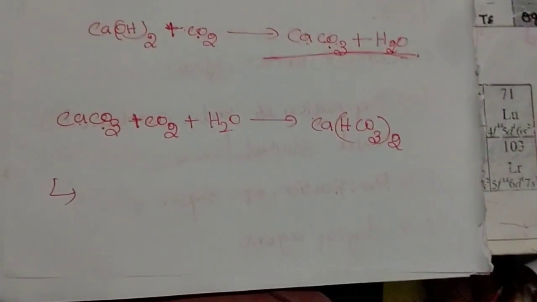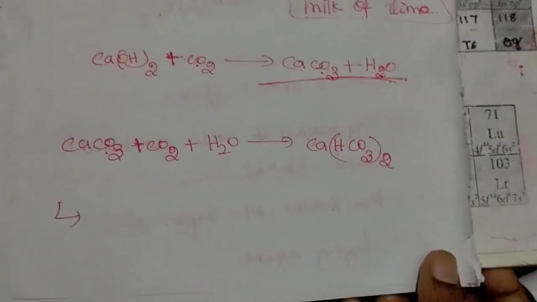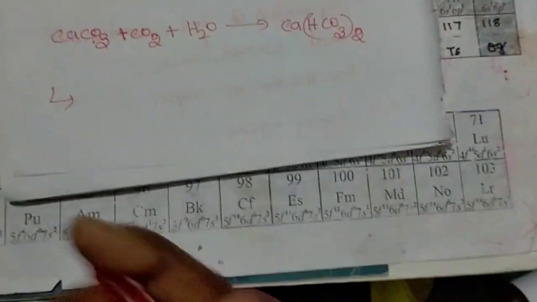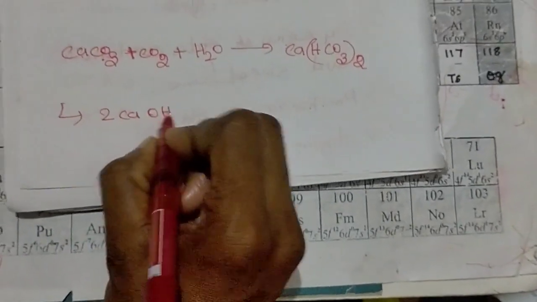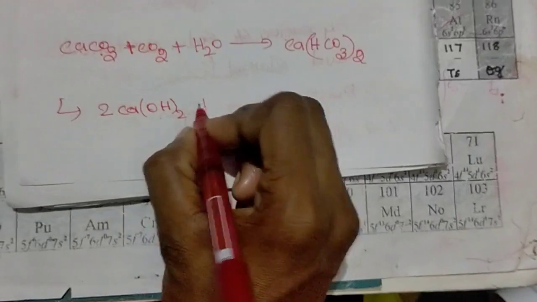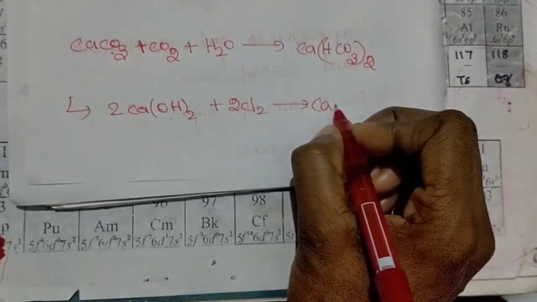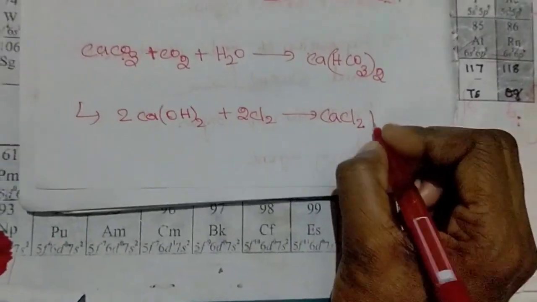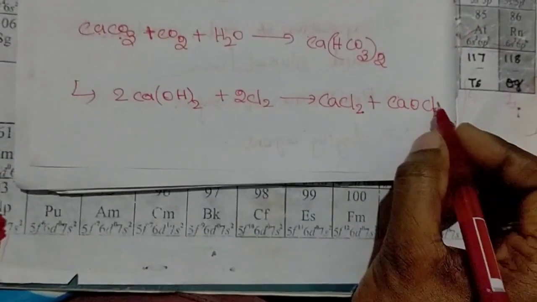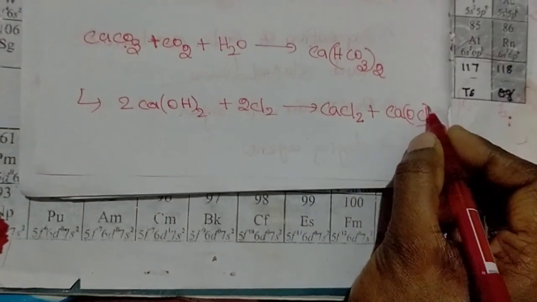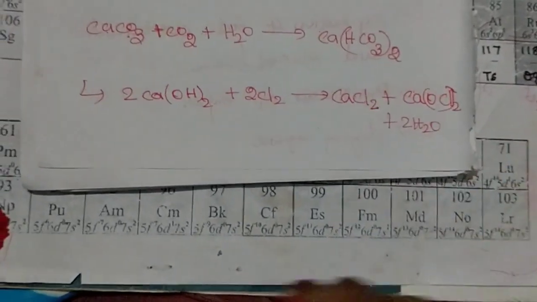The formation of this hypochlorite is 2Ca(OH)2 combined with Cl2, they form CaCl2 and Ca(OCl)2 plus 2 molecules of H2O.